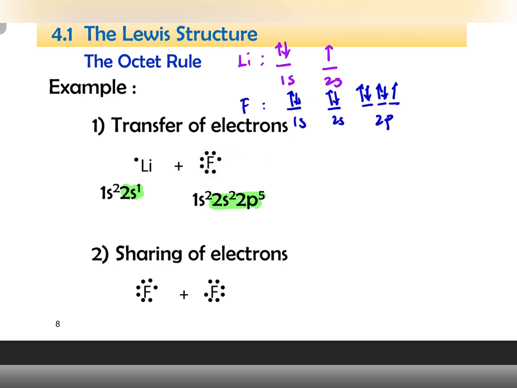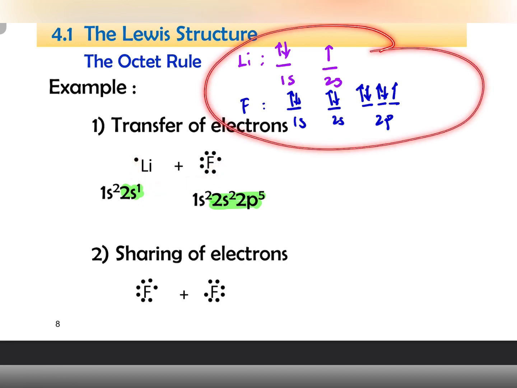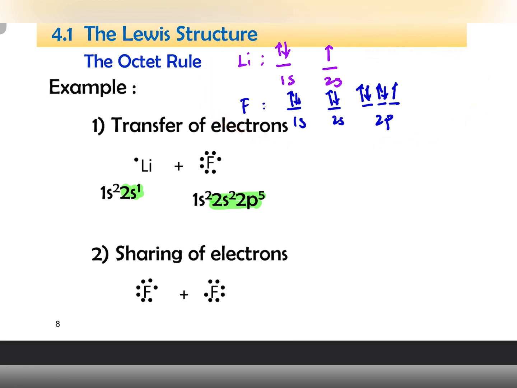Okay. So bila melibatkan transfer of electron, one of the electron from lithium akan diberi kepada fluorine. Kalau tengok dekat orbital diagram, maksudnya one electron daripada lithium akan diberikan kepada 2p orbital dalam fluorine ni.